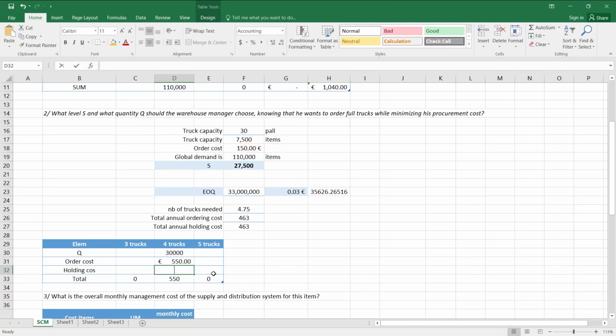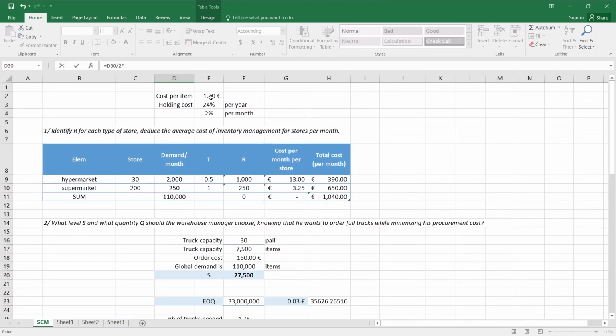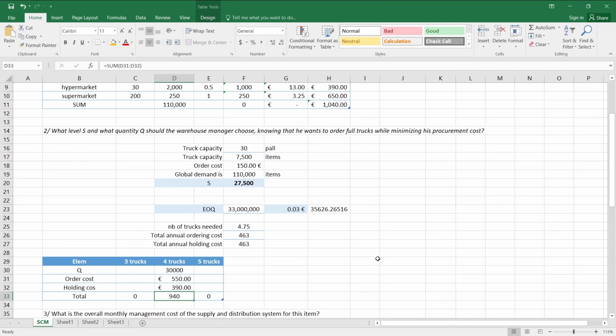And for the holding costs, we are going to take the economic order quantity of 4 trucks divided by 2 times our holding costs, which is 1.30 times the 2%. And that will give us 390 euro.